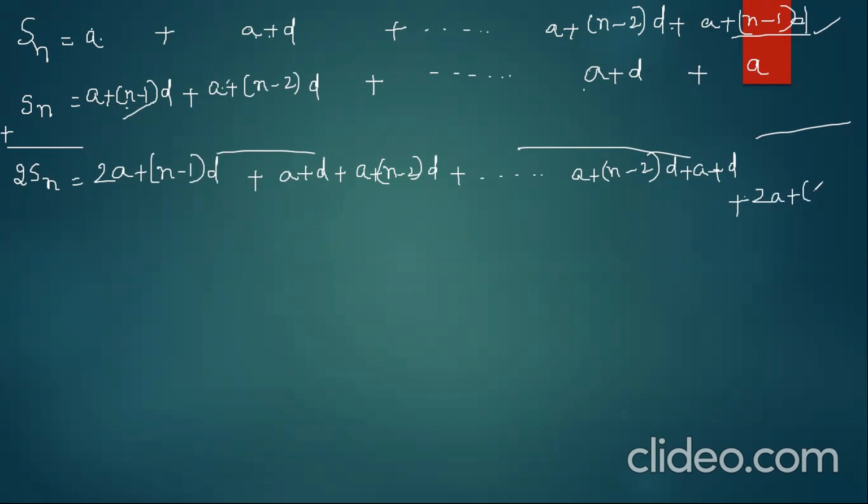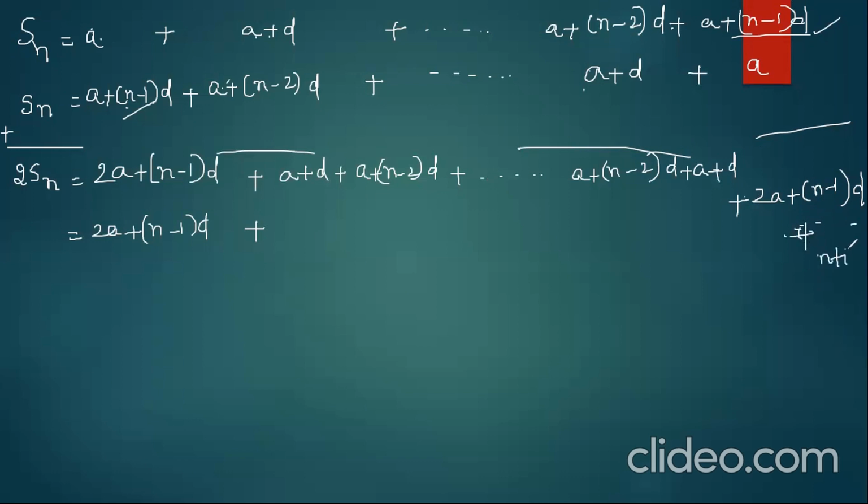Let me write one more step. Now what do we get? This is 2A plus (n minus 1) into D, and plus, if you go on adding like this, 2A plus (n minus 1) into D, so on, how many times are you getting it?